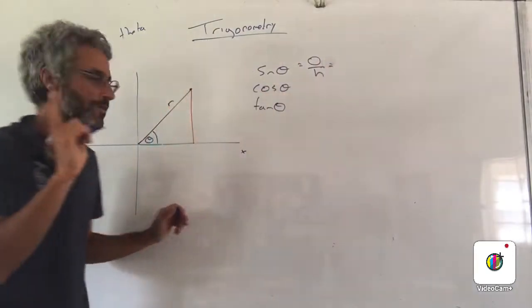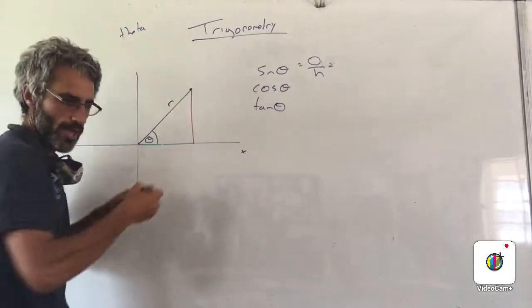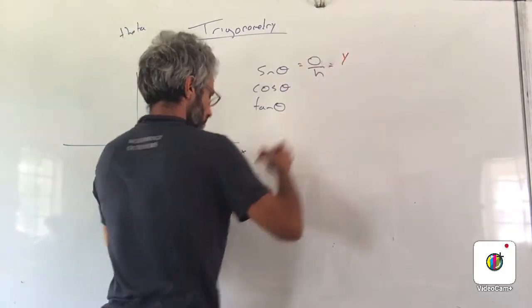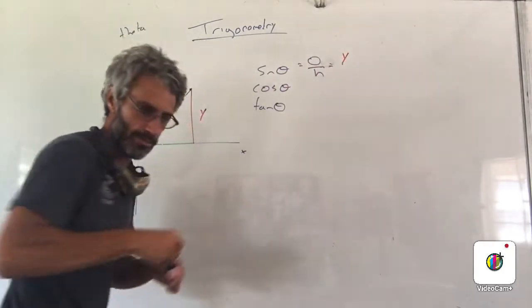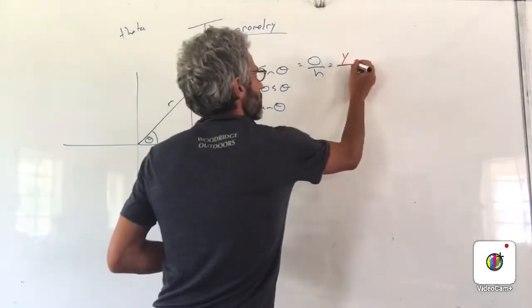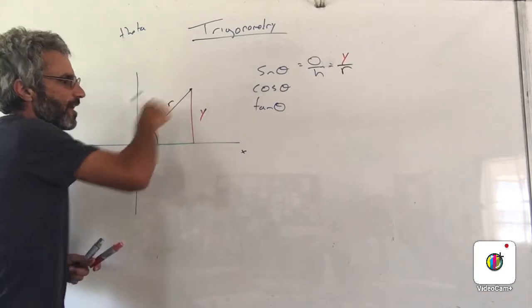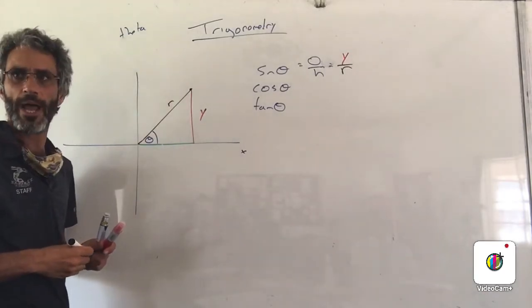In other words, it's really the y over the r. So it's the y coordinate divided by r.